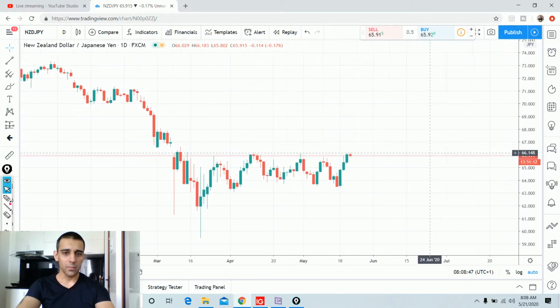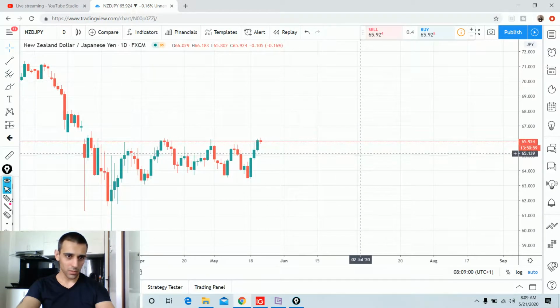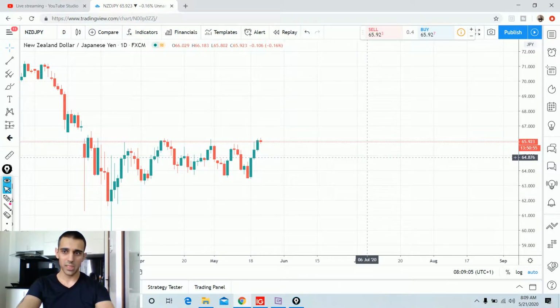Let me see. Target might be too steep to ask for. 64.50, is it down at this level? Okay, there are some support levels which could create a problem before the 64.50.